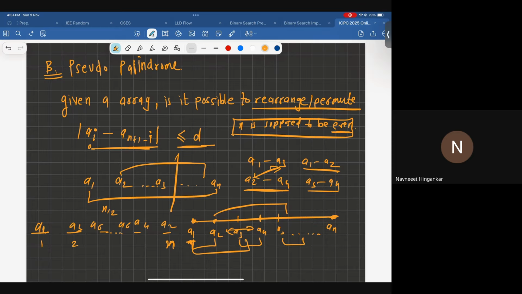Why? Because the technique is called greedy, or exchange arguments. The moment we did the swap, we reduced the cost. Let's say I did pairing with a1, a3 and a2, a4. The moment I did the swap, my cost is reduced.